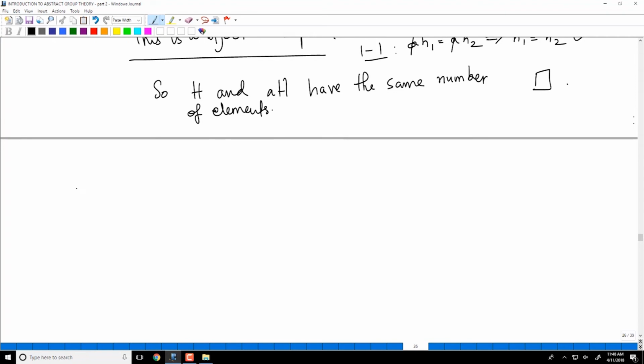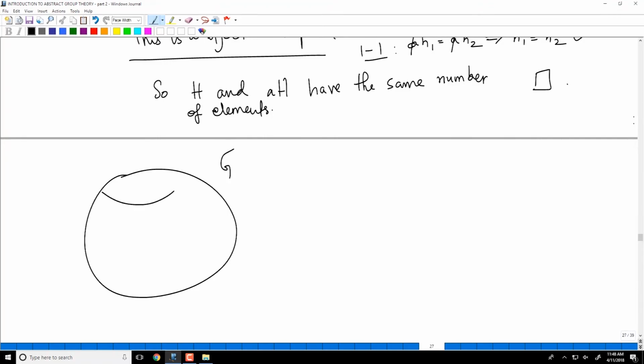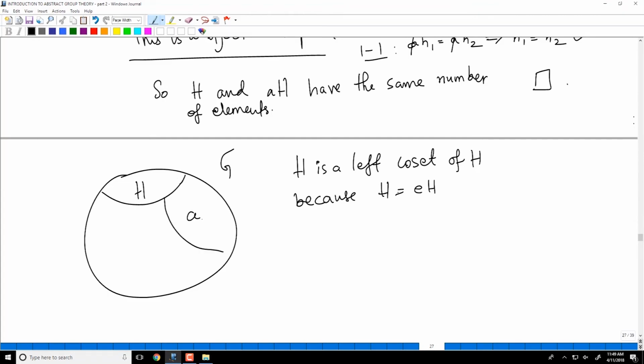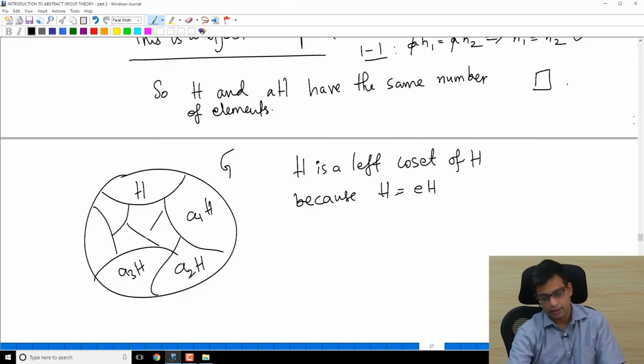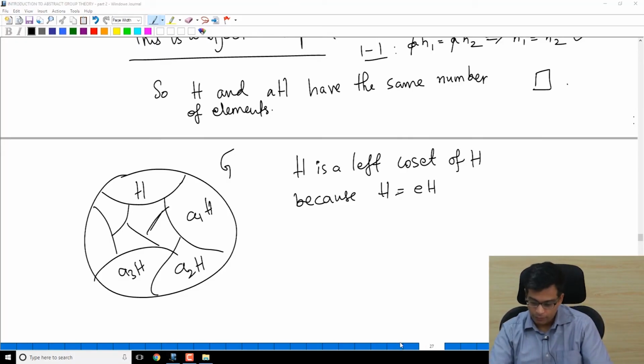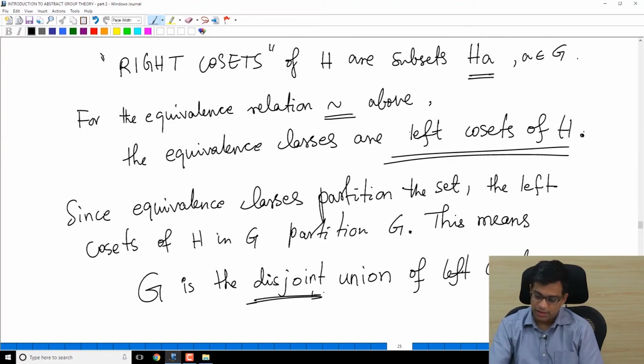Next, we have two facts. So let me draw a picture here. So this is a group G. You have cosets. Remember, H itself is a coset, because H is nothing but eH. So that's one coset. You have some other coset, a1H, some other coset, and so on. So you have several cosets. And we have two facts. The first fact is that G is the disjoint union of left cosets.